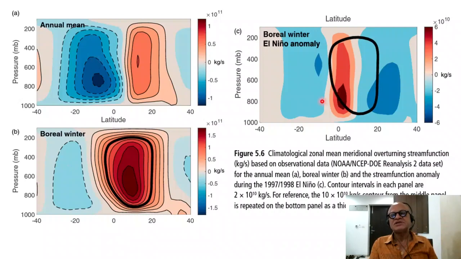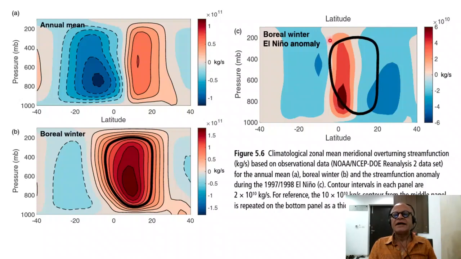During El Nino we will see that the whole system gets shifted. The West Pacific shifts, the convection moves from the West Pacific maritime continent towards the Central Eastern Pacific, which changes the structure of the ITCZ and the Hadley cell and so on. So you can see here that if you put the reference, the contour of the middle panel here, this one, you can see how the entire system is shifted during the boreal winter of an El Nino year.